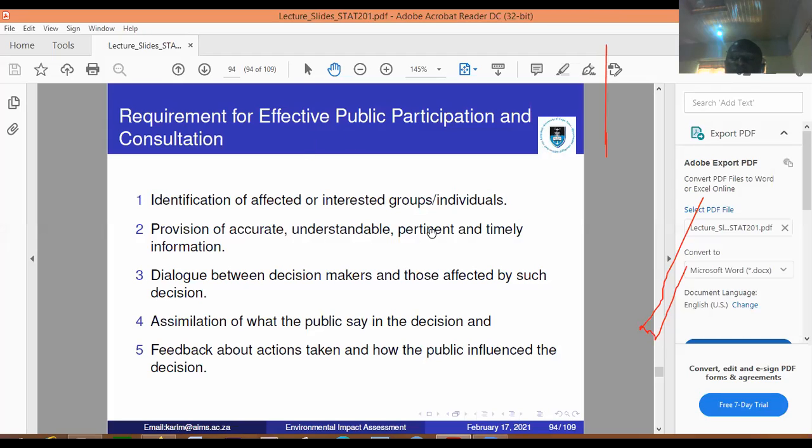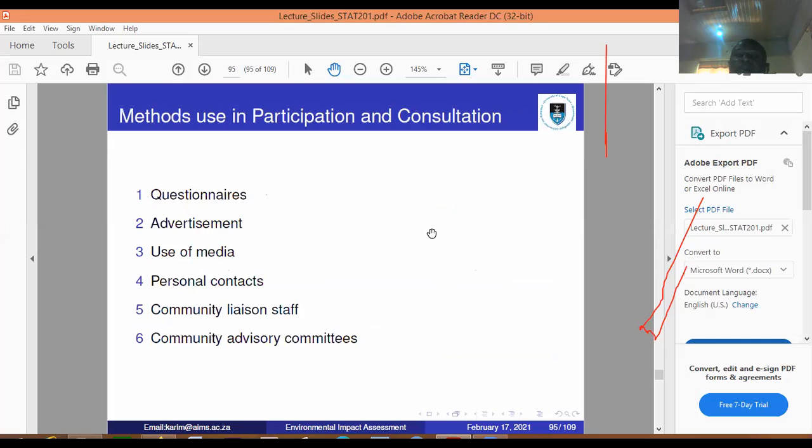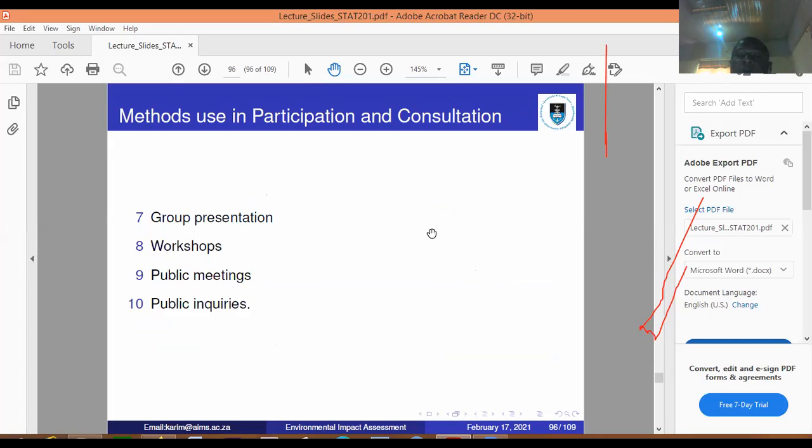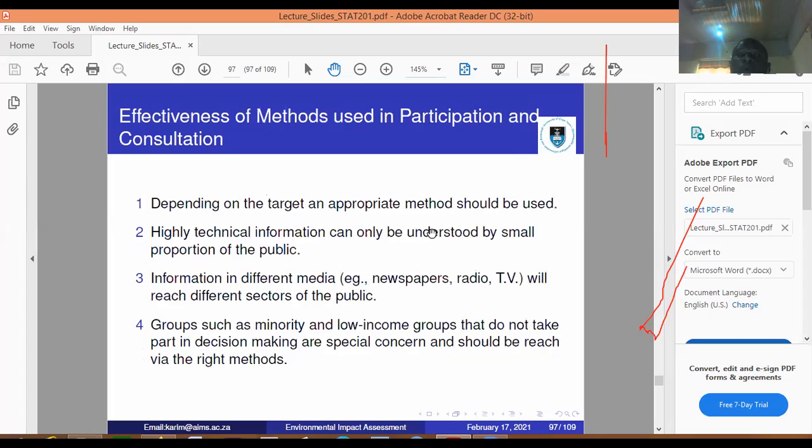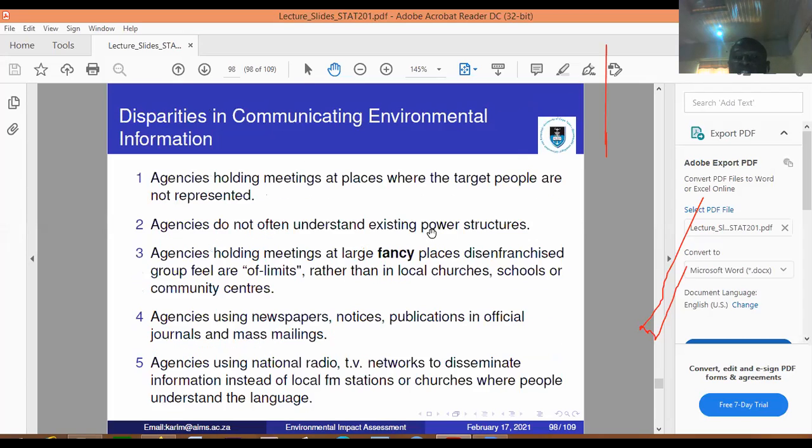So in our next meeting, we are going to look at requirements for effective participation. If you want people to participate effectively, what are the requirements? What should you do? And then we look at methods by which we can allow people to participate and how we can consult people. And then we look at what methods are effective in terms of participation and consultation.